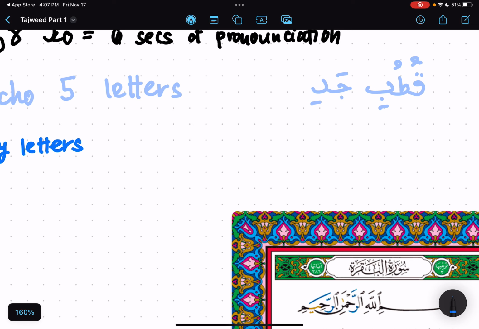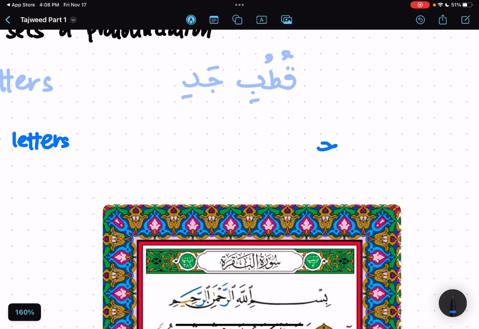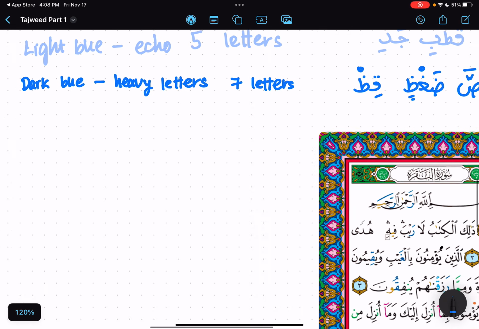This one has seven letters, and these are خصة ضغط قذ. So those are the heavy letters that are used for that.